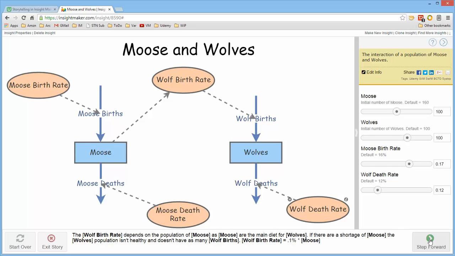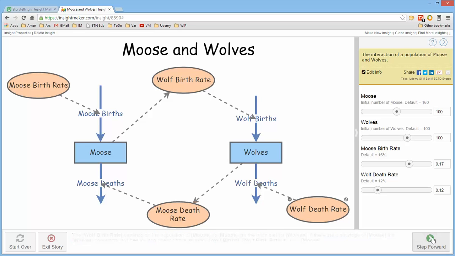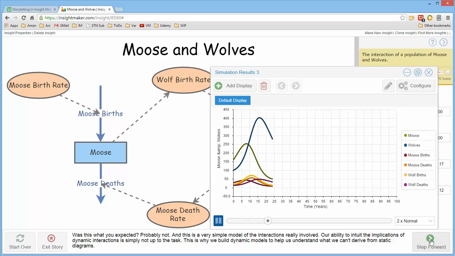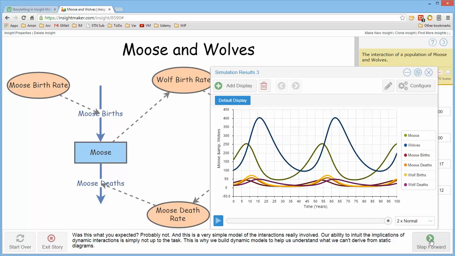And then it explains the relationship between these two populations in terms of the moose having an influence on the wolf birth rate and the wolves having an influence on the moose death rate, and then goes ahead and runs the two sets of populations in an interactive method to show that the behavior is pretty much unexpected by most.